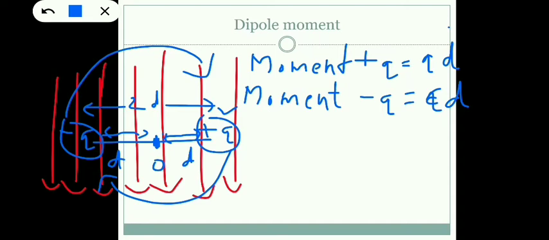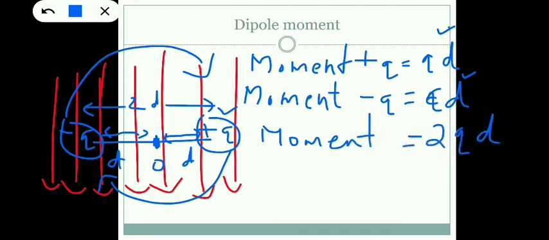Now, since both the moments are acting in the same direction, that means in the clockwise direction, we can add these moments. So what will be the total moment created by plus q and minus q charge? The total moment will be qd plus qd, that is 2qd, right? And this moment created by plus q and minus q charge means what?